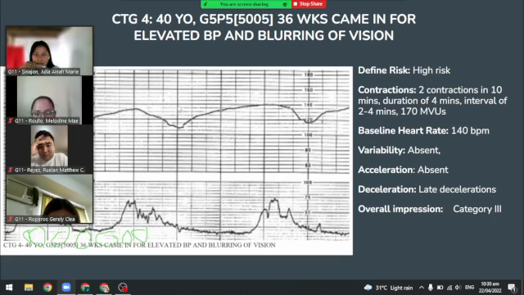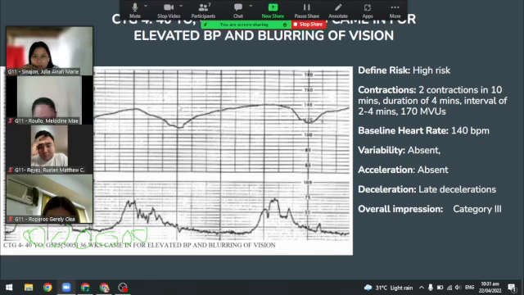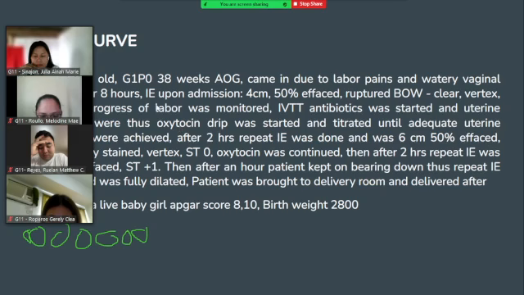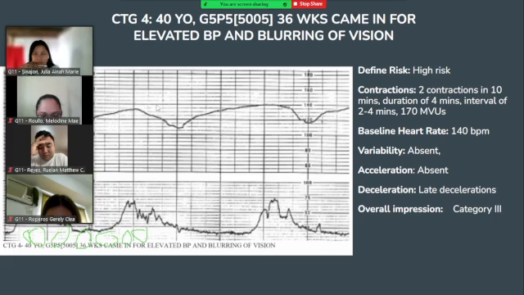So we count it by 5, 5, 10, 15, 20. What I'm asking is how long did your deceleration take place?